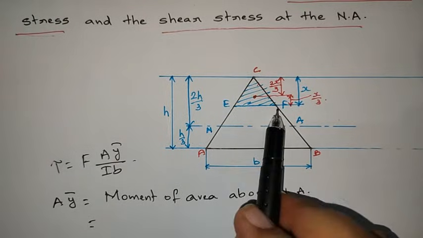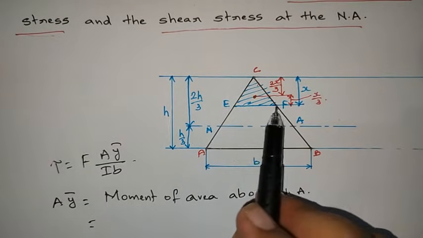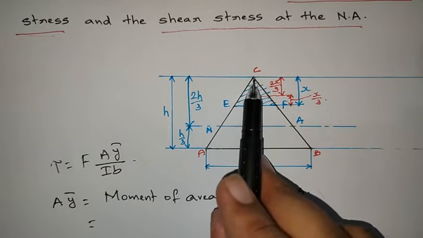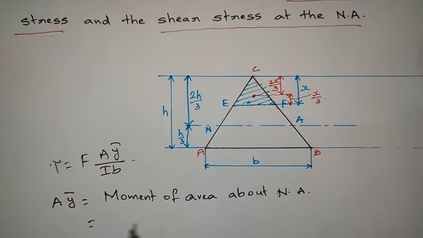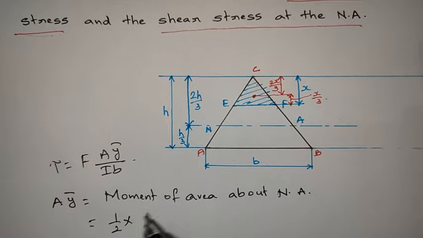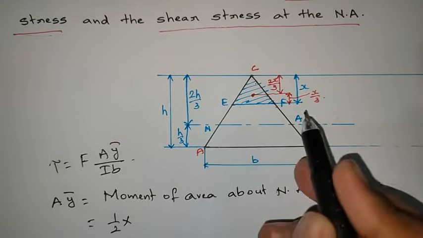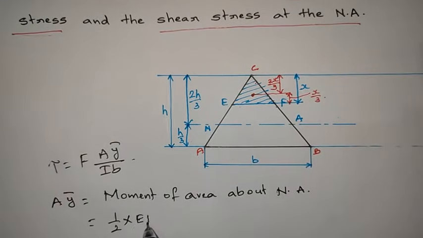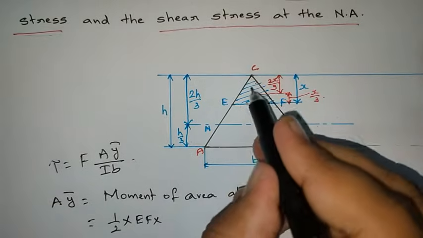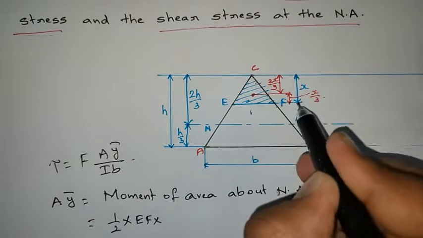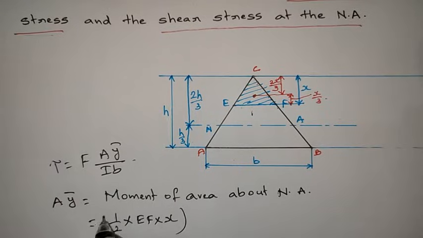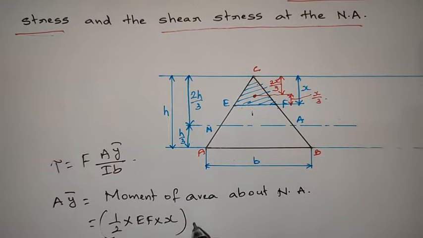So above the layer EF యొక్క లేయర్ పైన ఎంత ఏరియా ఉంది? So area of triangle is half into base. What is the base of the triangle? EF into height. So what is the height of this triangle? It is equal to x into y bar. So what is y bar?